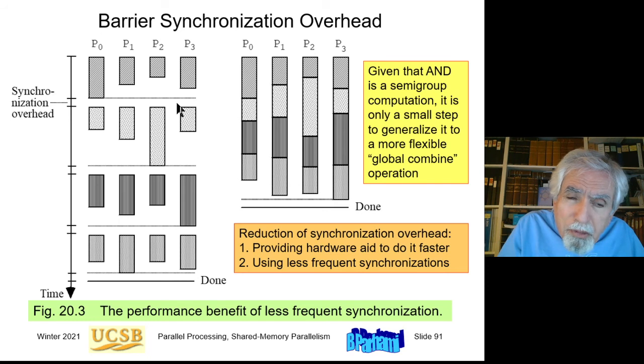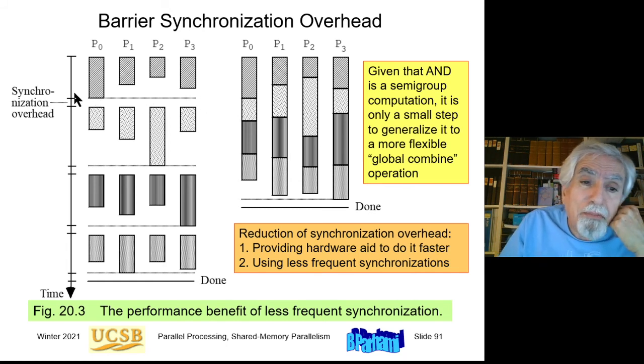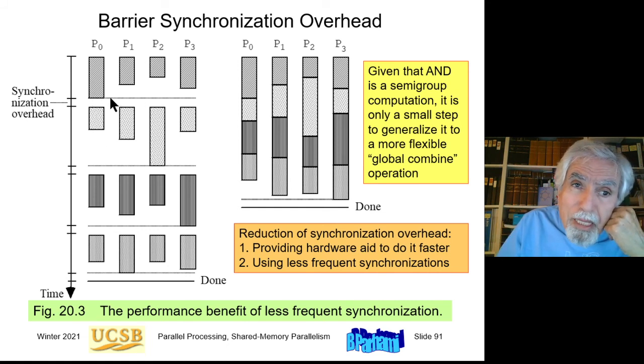But at some point, because the result of, say, this processor now depends on the outcome there, we have to synchronize them to make sure that this particular piece of program is not executed before that one is completed. So this is known as barrier synchronization. Barrier synchronization means that all the processors must wait until they all arrive at this barrier before they are allowed to proceed.